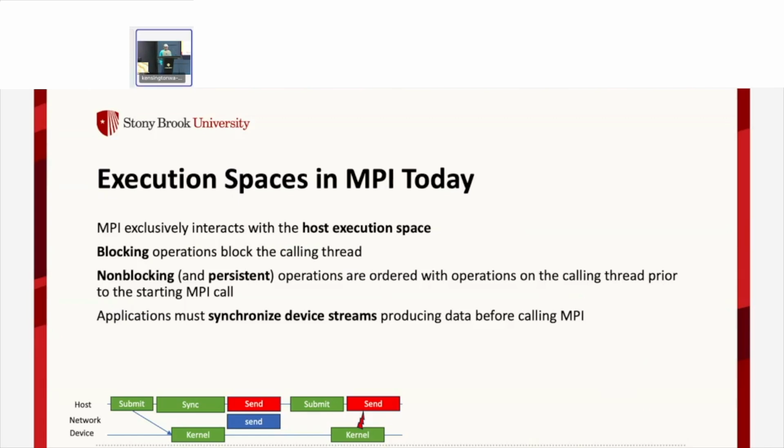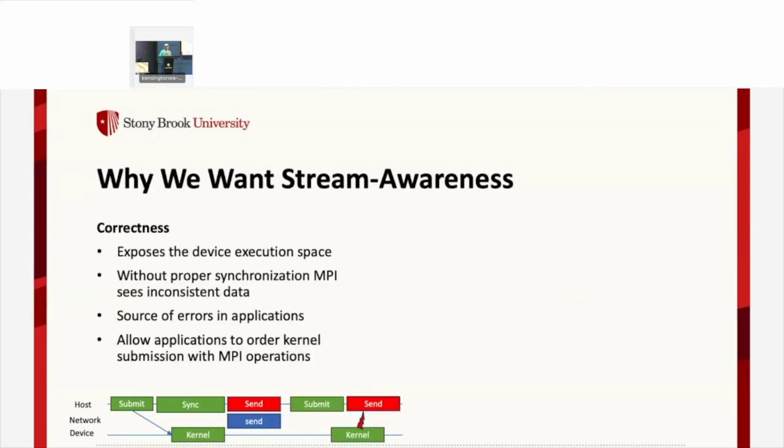But for streams, work on the GPU, we always have to synchronize. Because otherwise, in the left part of this picture, we submit a kernel, we synchronize, and then we do the send. Everything is fine. If we forget the sync, then the kernel will overlap with the send, and we will get inconsistent data, which is probably not what you want.